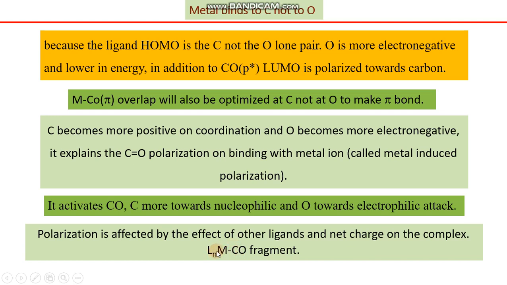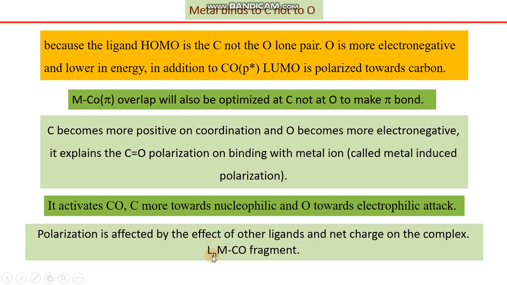And if the ligand is an electron acceptor, electron density from the metal will be shifted toward this ligand, generally represented as Ln, and as a result of this shifting of electron density, the positive charge on carbon will further increase, and the carbon center will be further exposed toward nucleophilic attack, so the rate of reaction and reactivity will increase in the fragment where the ligand is electron withdrawing.